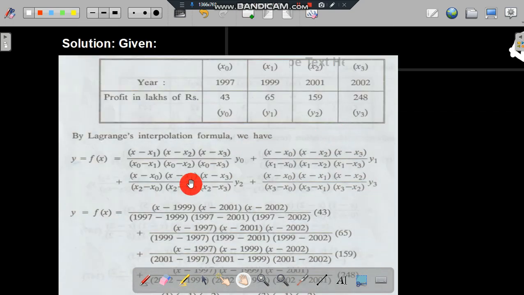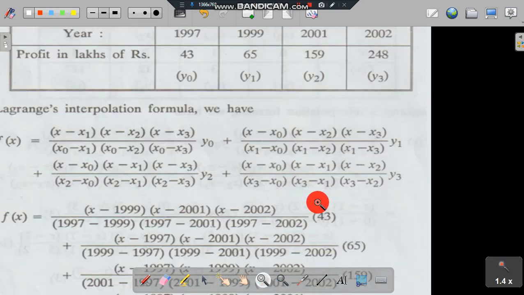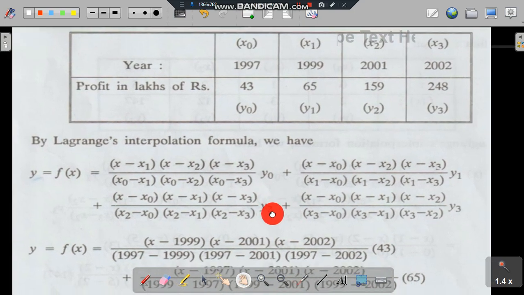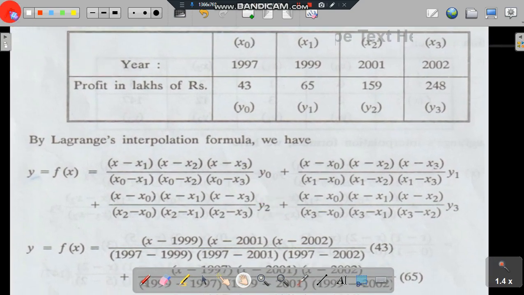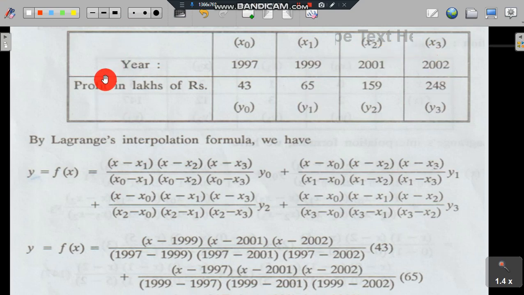Now we know this is Lagrange's interpolation formula, and we are applying it on this particular table. Here x0, x1, x2, x3, and here y0, y1, y2, y3.